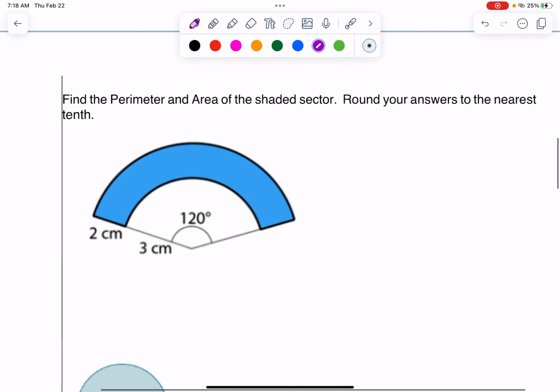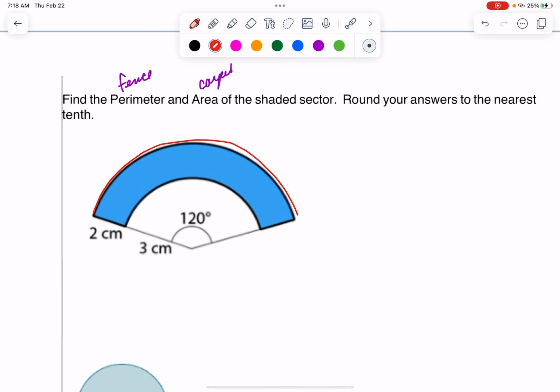Now we're going to find area and perimeter. Perimeter is, remember, think of that as fence, so it goes around, and area as carpet. So the perimeter is going around, so I need 2 arcs, and I also need these 2 straight pieces. So we're going to call this S1 and S2. Notice that for S1, my radius is 5, 2 plus 3.